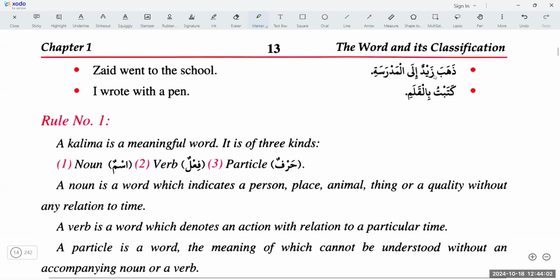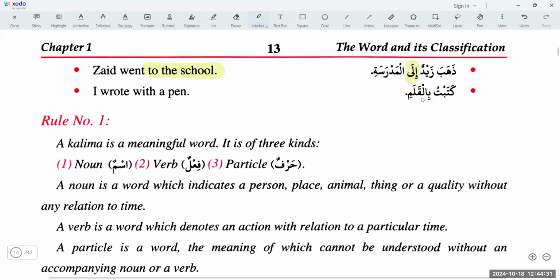Like Zahaba Zaidun ilal madrasati. Ila is a particle, a preposition harf, and we use it with the ism: ilal madrasati, to the school. So now we can understand its meaning. Zaid went to the school.